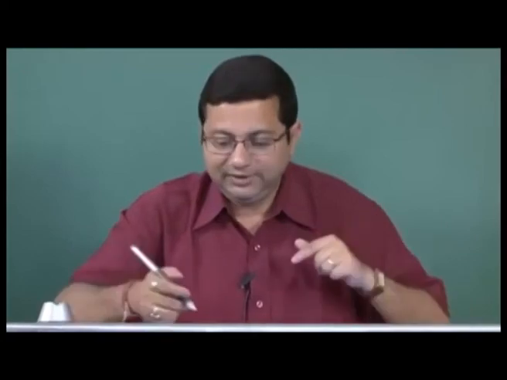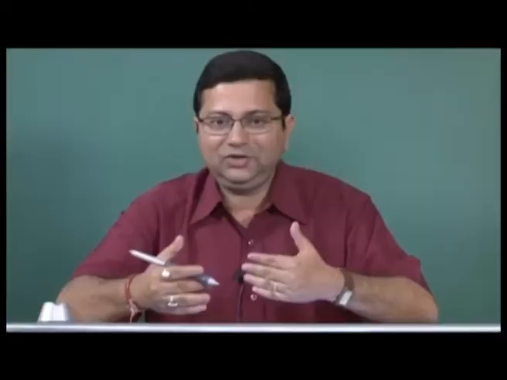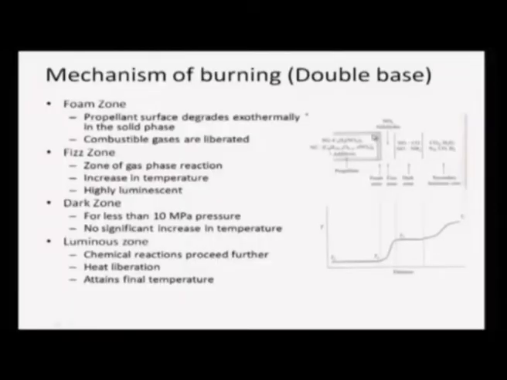But in pyrolysis, like say pyrolysis of coal or wood, it is a pure hydrocarbon and the oxidizer is in the atmosphere. So, when it evaporates, it mixes with the atmospheric oxygen and then the combustion takes place. But in this double base, both the oxidizer and fuel are together, it is not reacting with the atmosphere. So, therefore, the combustion mixture will be formed right next to it without any outside help.